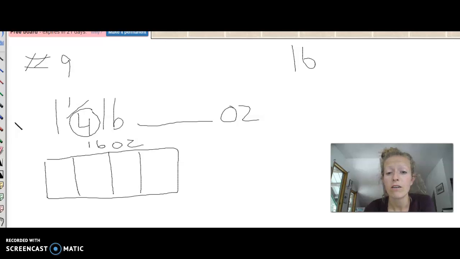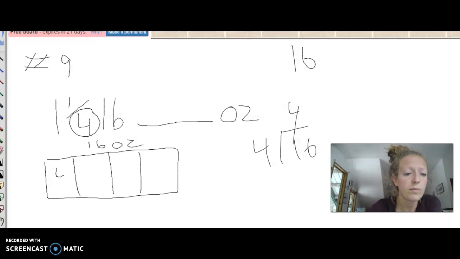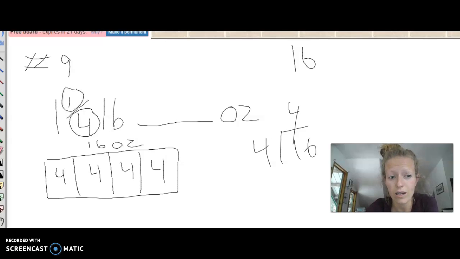You could go 4 into 16, and we know that equals 4. So there's going to be 4 in each quarter. How many quarters am I working with? 1. I'm going to shade 1/4, and that amount is going to be added to my 16 up here.